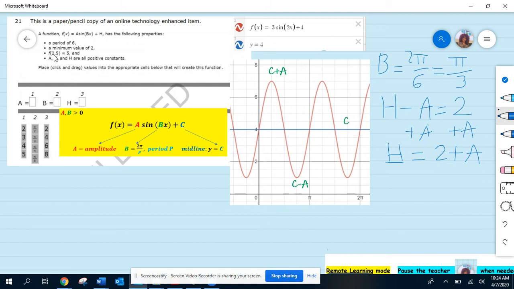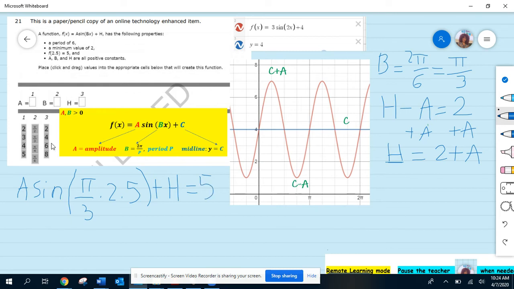f of 2.5 means that I should go back to the function and plug in 2.5 instead of x. So I get a times sine of bx, where b is pi over 3, times x, which is 2.5, and then plus h equals 5.